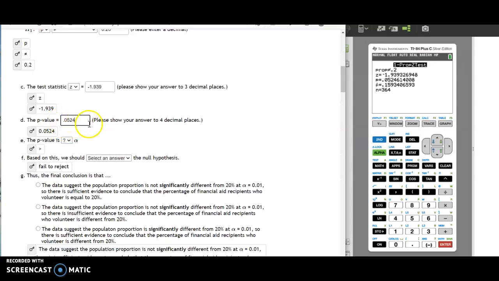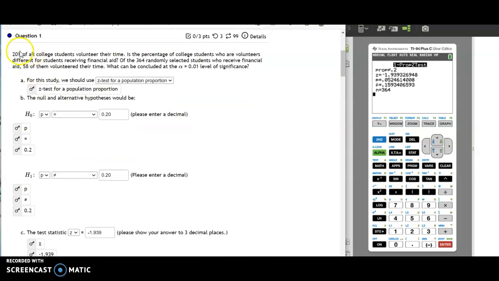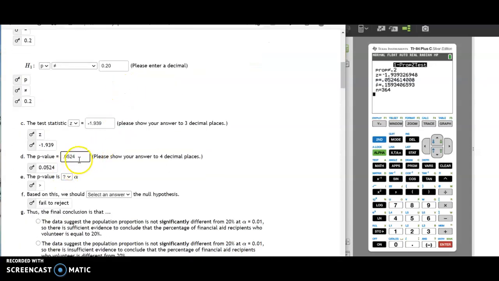That is like calculating the odds that this is true and our sample happened. What are the odds that this whole situation happened? So the larger this is, the more believable it is. The smaller that it is, the more skeptical we become. And if it's so small that we're like, really? I mean, that's not very plausible, then we reject the whole idea. So I always keep in mind, small means reject.